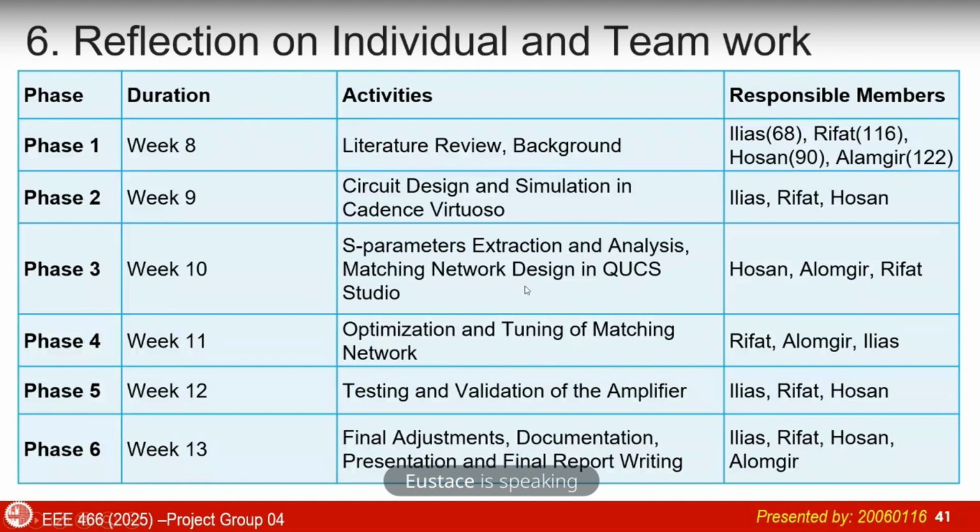After that, we extracted S parameters and devised the matching network in QUCS Studio. Then we optimized the system for our desired frequency. Robust testing and validation process was followed for this amplifier. After that, we finally presented and documented the whole project. Every member was involved in this process.